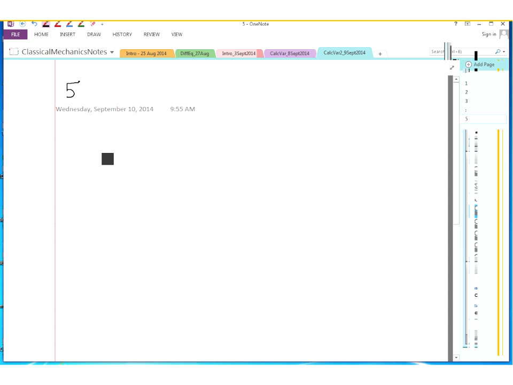So for the sake of completeness, we're finding the stationary value of a function when there are multiple constraints.